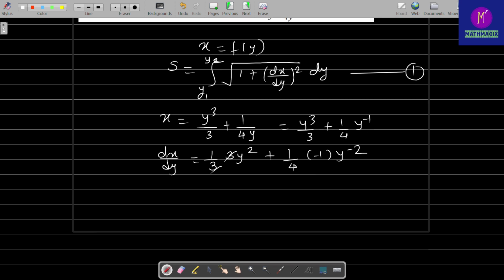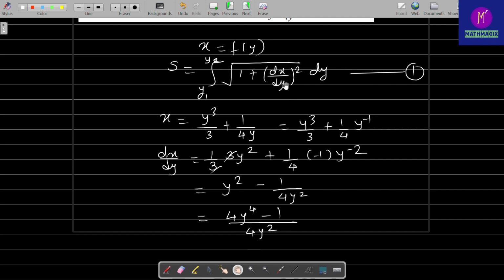So we will get y square minus 1 by 4 y raised to minus 2, which is nothing but 1 upon y square. So we will get dx by dy as y square minus 1 upon 4y square. Let us cross multiply this and find out the answer, which is 4 into y raised to 4 minus 1 upon 4y square.